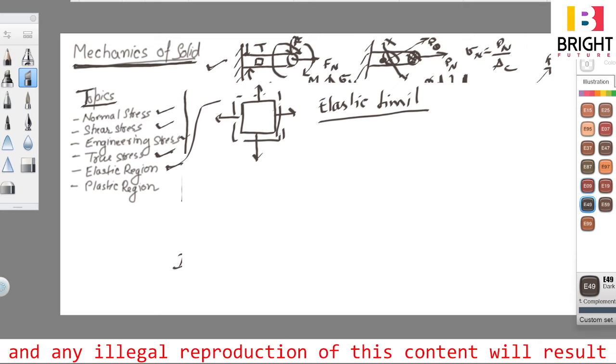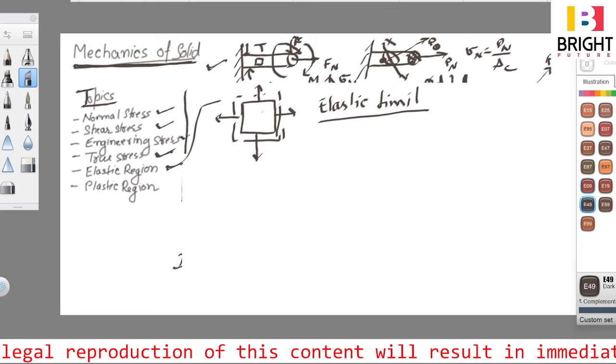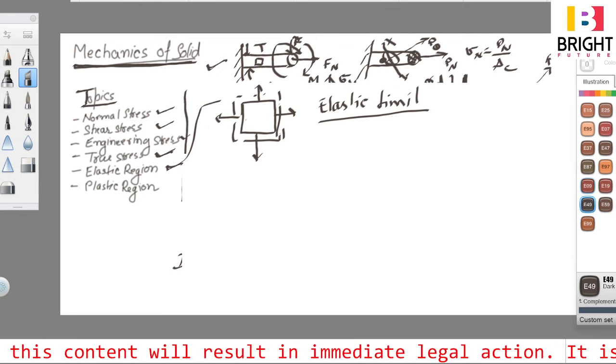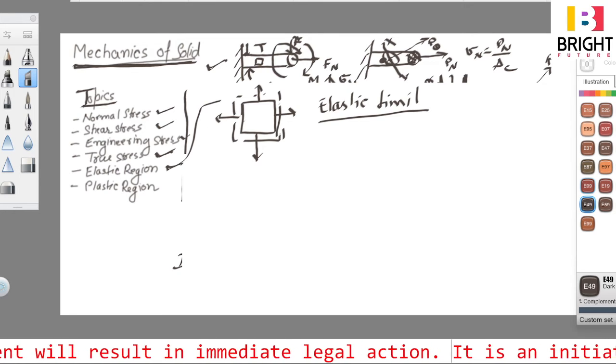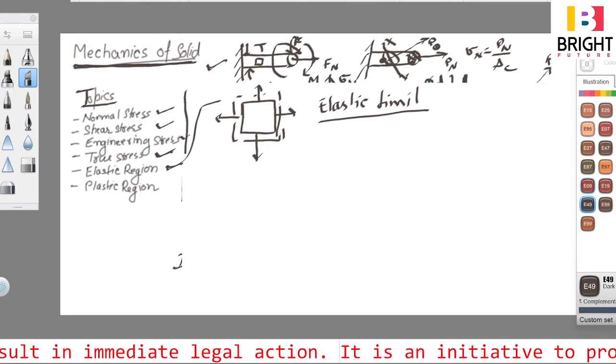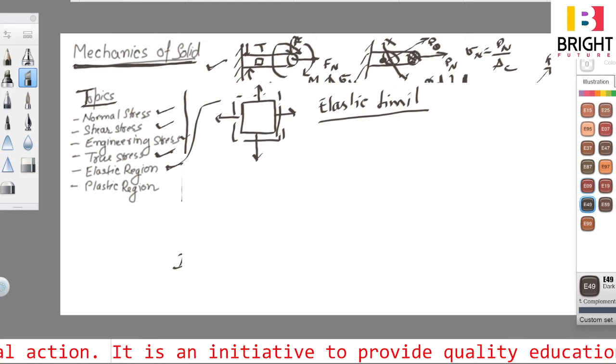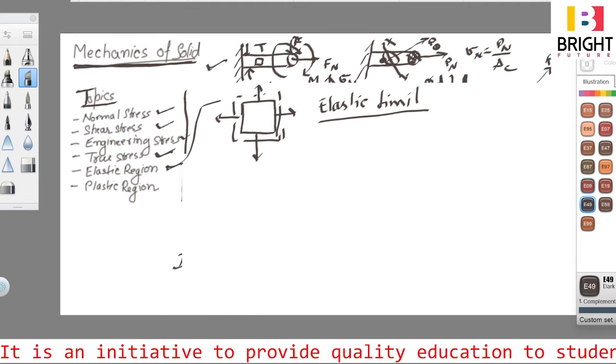Once the deformation starts, that is a concept I will teach you in material science: what is a dislocation forest, how work hardening and work softening concepts work, how planes slip over one another, and how deformation starts.